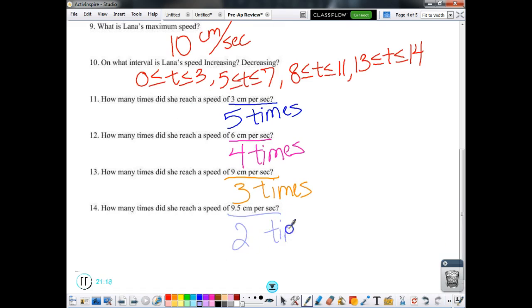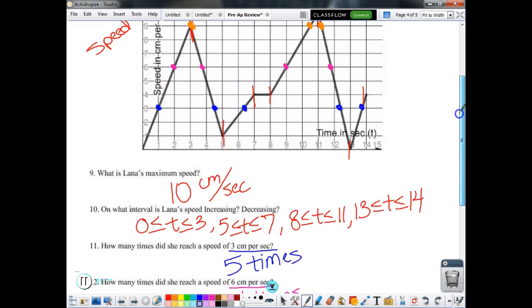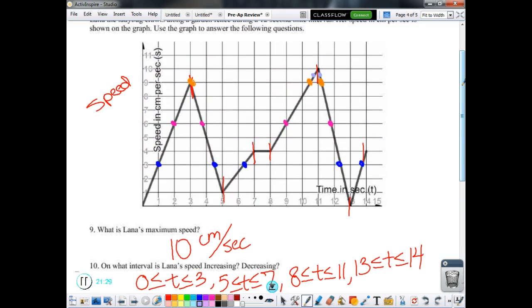Some people wanted to find the slope of each of them. You have to pay attention to what kind of graph you're dealing with. If it's a speed graph, then the slope is acceleration. If it's a distance graph, then your slope is speed.